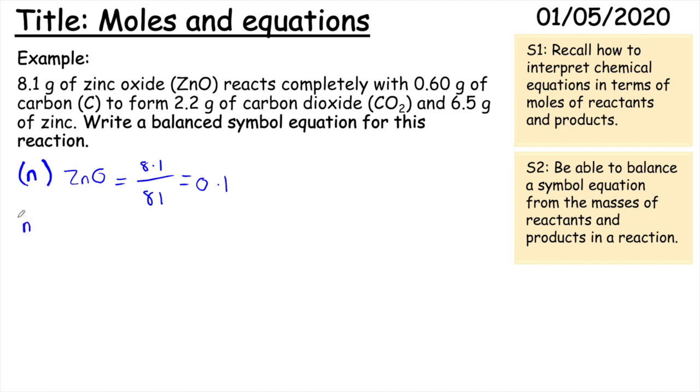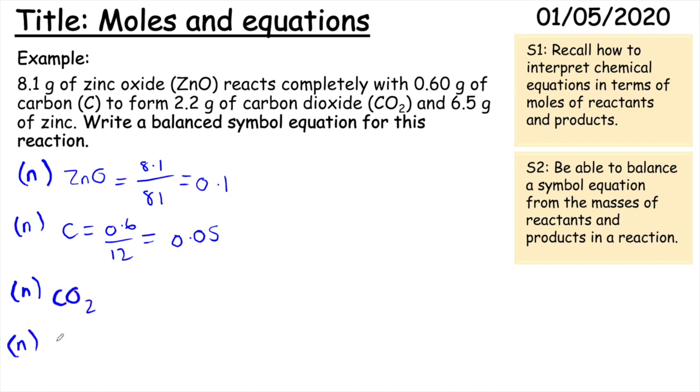The number of moles for our next one, our carbon, well, we have a mass of 0.6 and the Mr is 12. That comes out at 0.05. And if we do this for our number of moles of carbon dioxide and our number of moles for our zinc, you'll find that you get answers of 0.05 and 0.1 respectively.